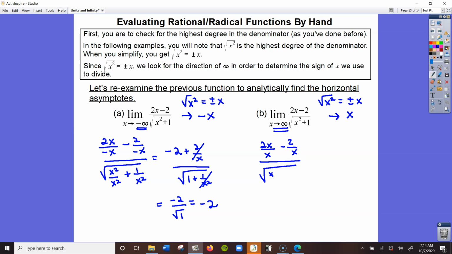So I am going to divide everything in the denominator by x squared. And when I simplify this, I would get 2 minus 2 over x over the square root of 1 plus 1 over x squared. Again, anything divided by infinity will be 0. And so here I have 2 over the square root of 1, which is equal to 2.